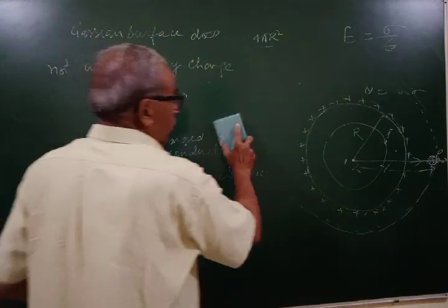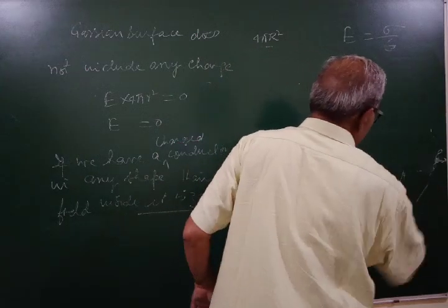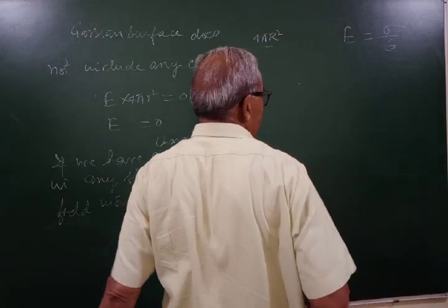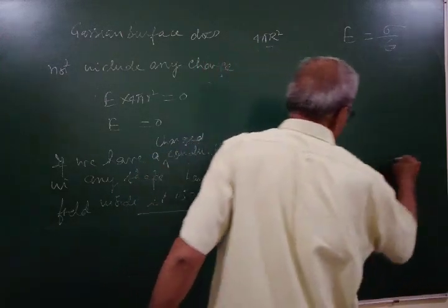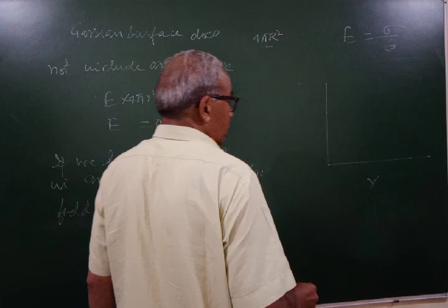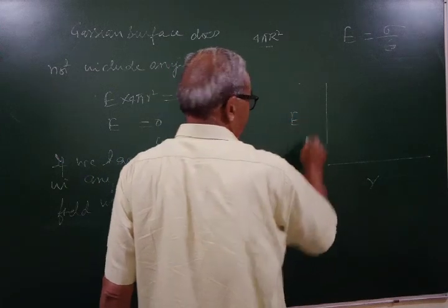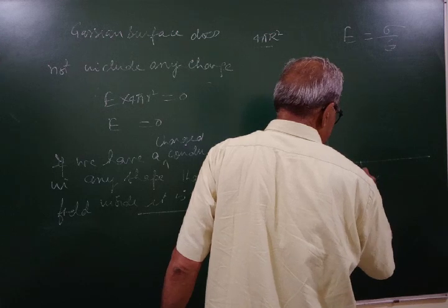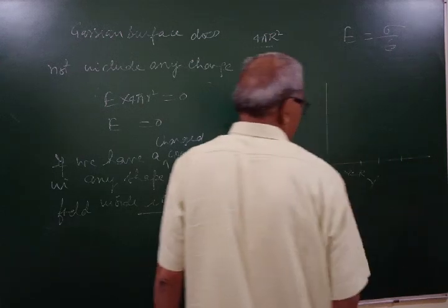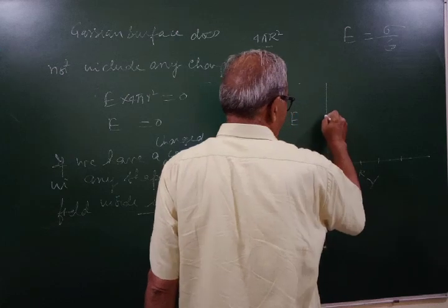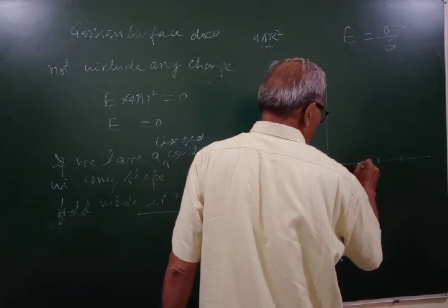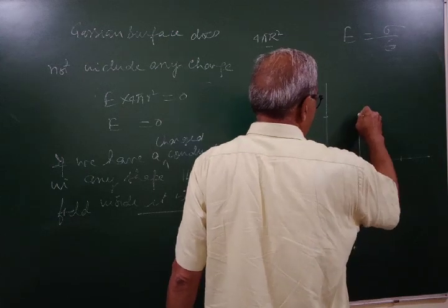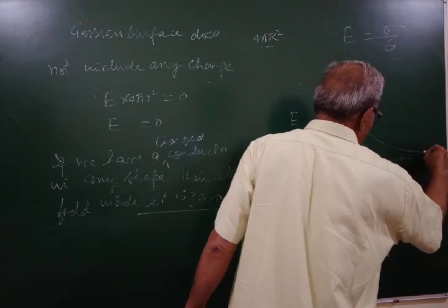Now, if we plot a graph between electric field E and distance R from the center of the charged shell, with capital R marked here, then up to the point P inside, the field is 0, and when we come to the surface, the electric field becomes maximum and then decreases.